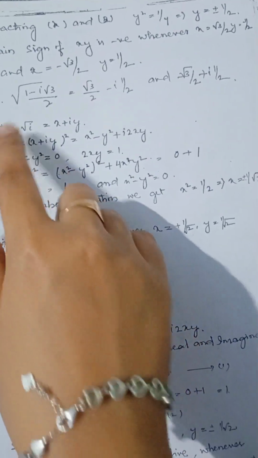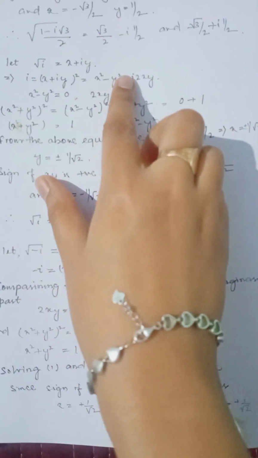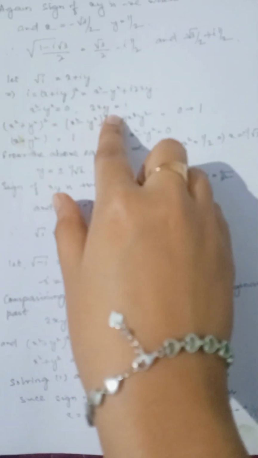Then comparing the real parts on both sides and the imaginary parts on both sides, x square minus y square equal to 0, that is 0 plus I. So 2xy equal to I, so 2xy equal to 1.